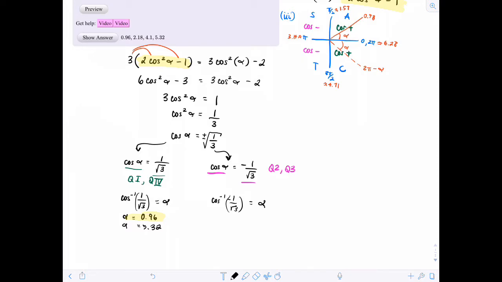So we can see, I'll put a little alpha sub 1 and maybe alpha sub 4, so we know which quadrant they're in. So now we found 2 angles in the first and fourth quadrant. Now let's go over to the second and third quadrant.